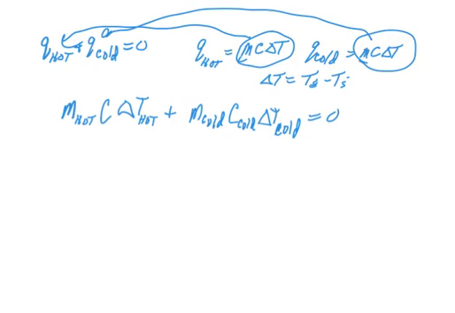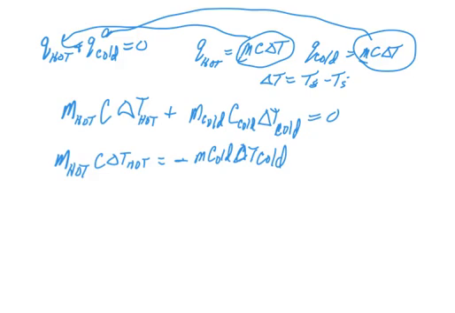And then I'll just rearrange this, bring one over to the other side. M of the hot, C, ΔT of the hot equals negative mass of the cold, C of the cold, and ΔT of the cold.